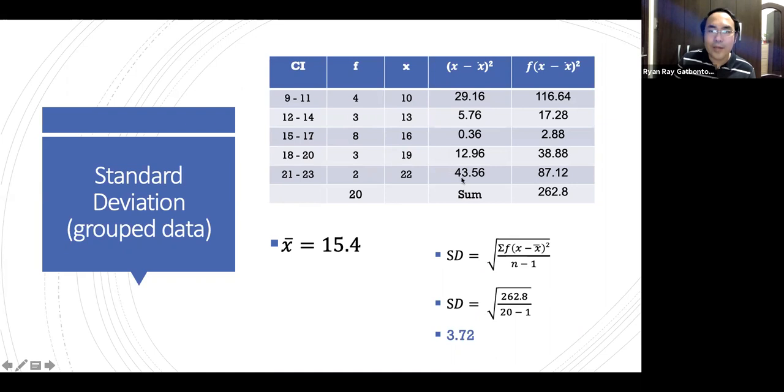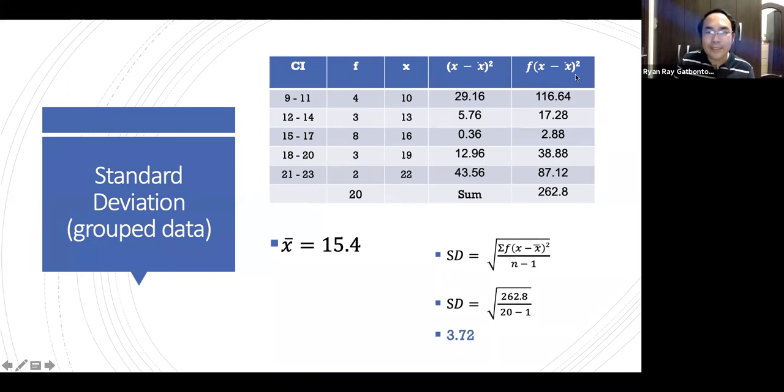After we get the square of the differences, we now multiply the frequency of that class to this. If we multiply 29.16 by 4, we get 116.64. If we multiply 5.76 with 3, we get 17.28. If we multiply 0.36 with 8, we get 2.88. And the same for the other classes.